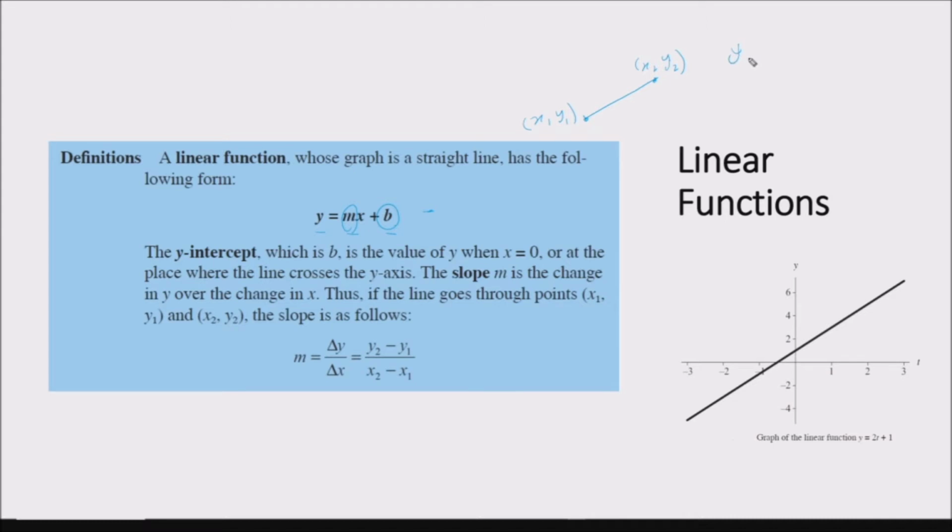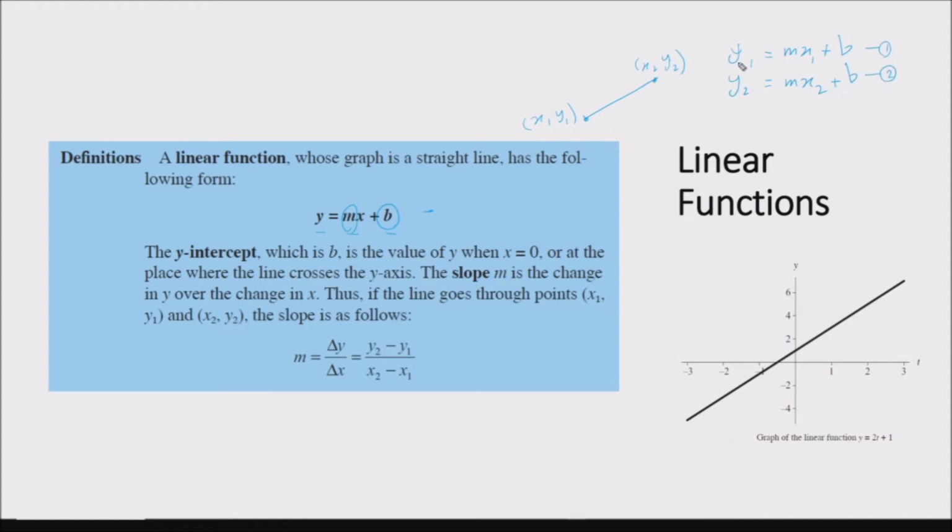One, you can say y1 equals mx1 plus b, right? And the other one I can say y2 equals mx2 plus b, right? I can call this number 1, and I can call this number 2.